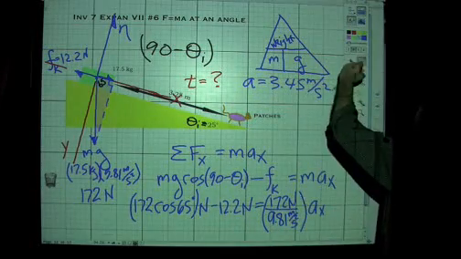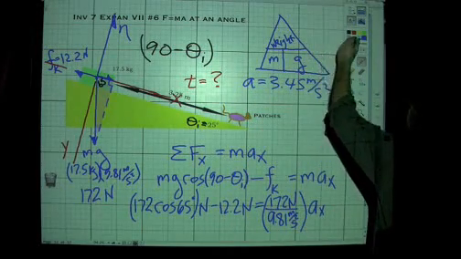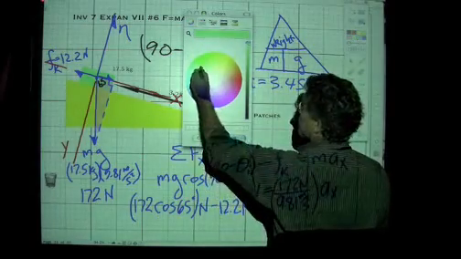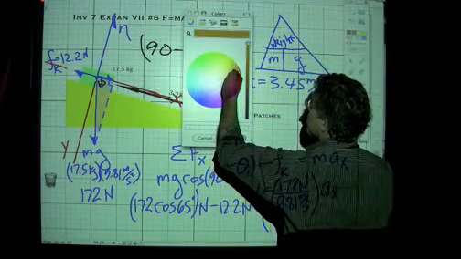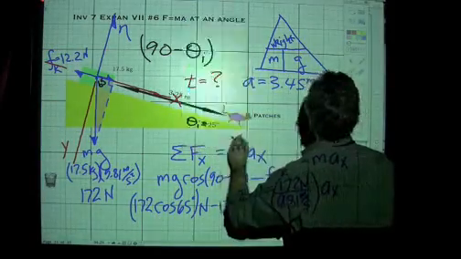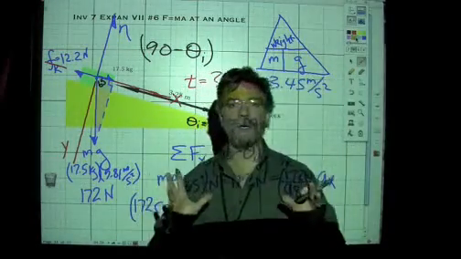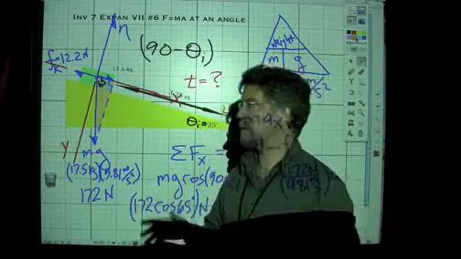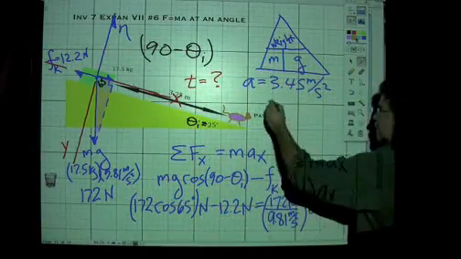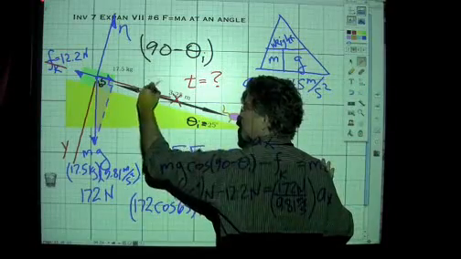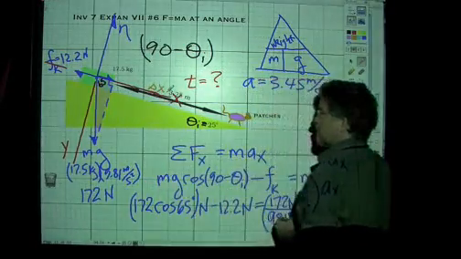Now, let's go to orange. Okay, so let's go orange mirror. And orange mirror just means kinematics, okay, study of motion. And so this is our acceleration. We know our delta x, that's 3.25.